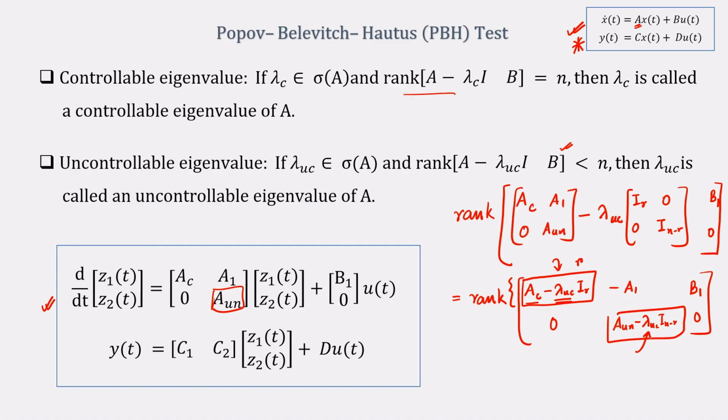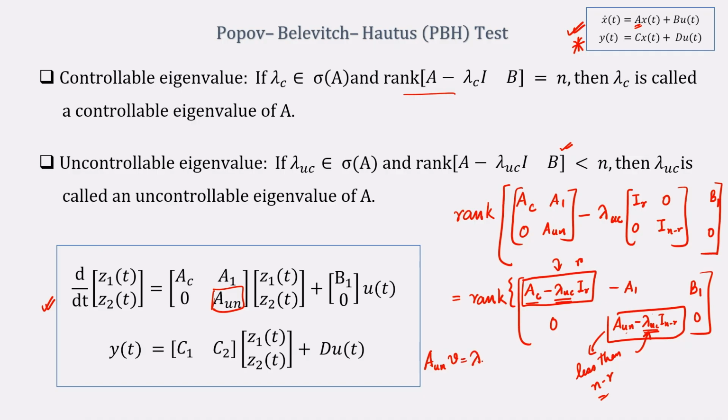You know that lambda_uc is an eigenvalue of A_un, which means that the rank of this matrix must come out to be less than n minus r, because if it is an eigenvalue, it must satisfy the eigenvalue equation.